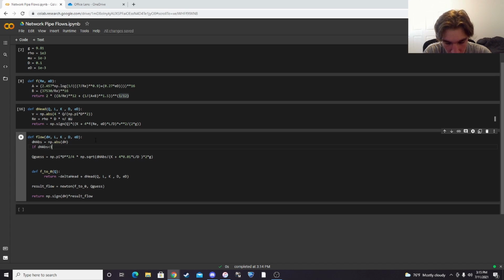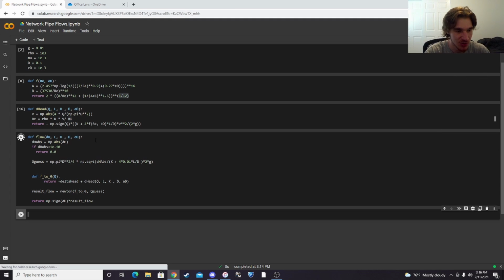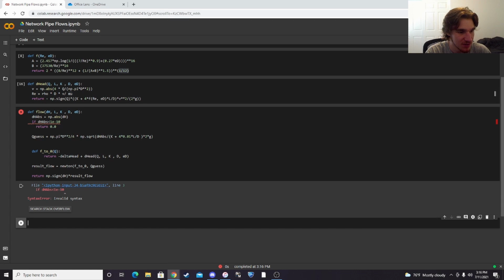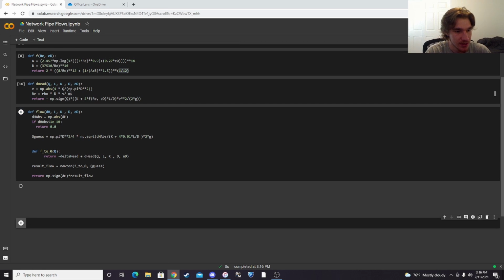It's like, I don't know, 1e to the negative 10, we'll say. We're just going to return 0.0. That just makes it so that the very, very small numbers don't end in iterations to where it won't be able to define. And I don't have a valid syntax here because I forgot a colon.